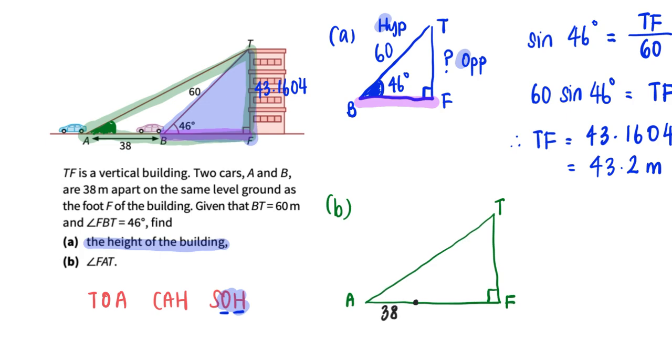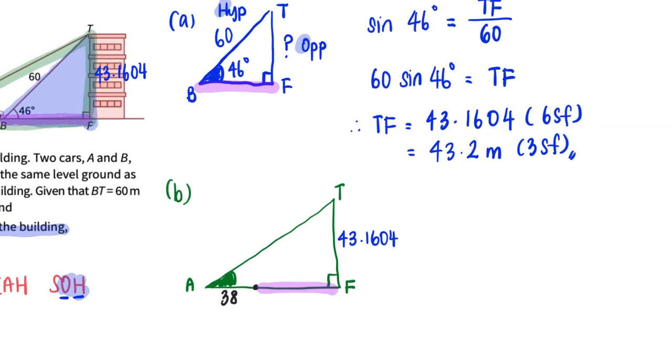So our job now is to find this BF, and later on the TF we already have, 43.1604. Then we can apply our trigonometric ratio later on to help us find the angle TAF.